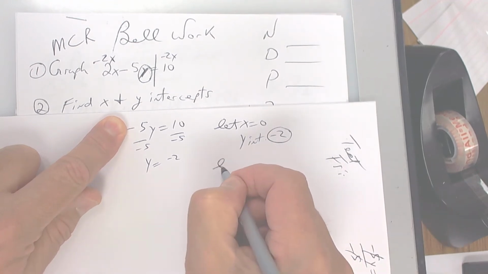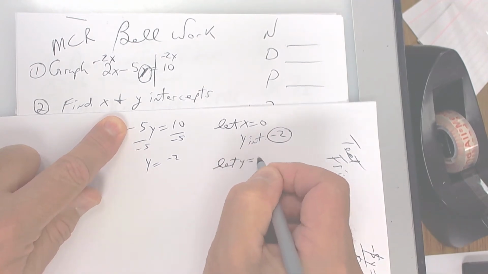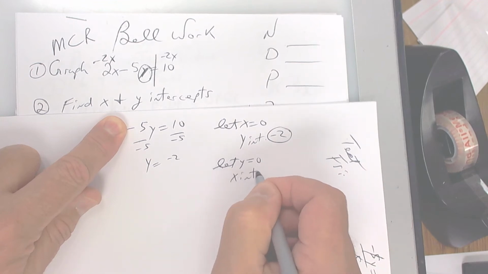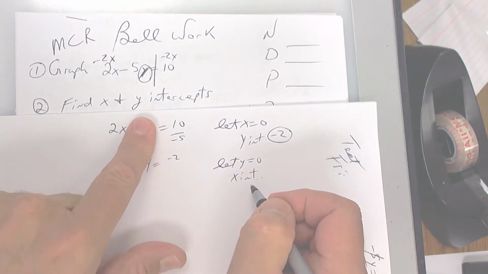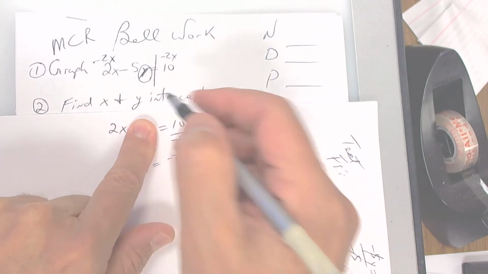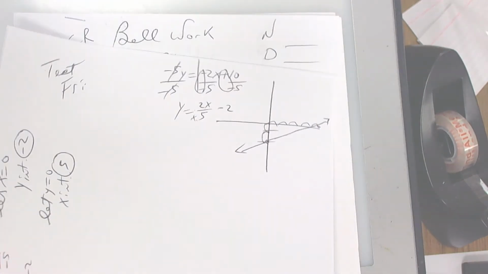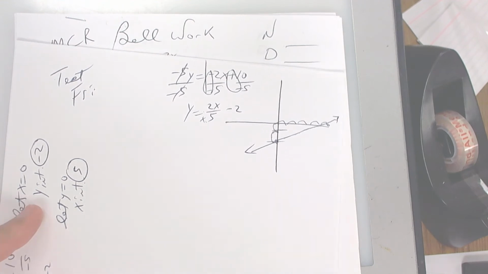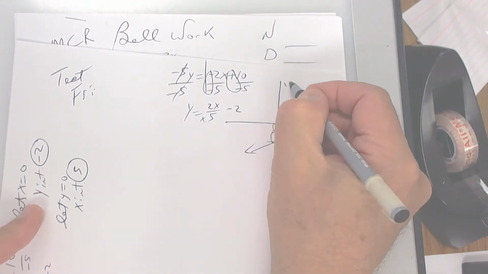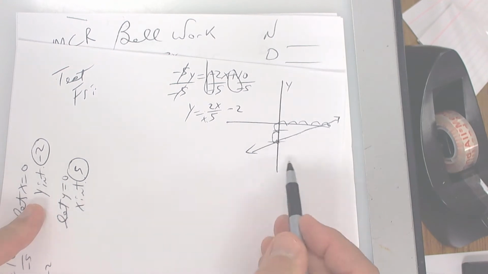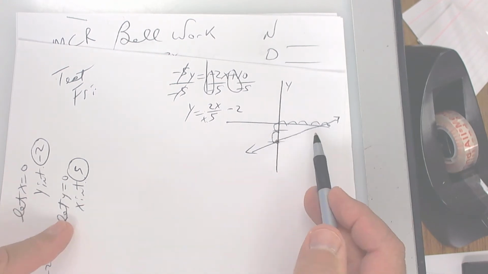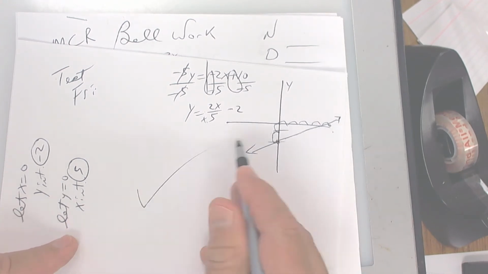To get your x-intercept, you let y equal 0. So the x-intercept, you cover up the y, and you divide by 2. So 10 divided by 2 is 5. Let's check that. So negative 2 is your y-intercept. There it is. This is your y. So it's a negative 2. That's down 2. And then your x-intercept is 5. Perfect. That works.